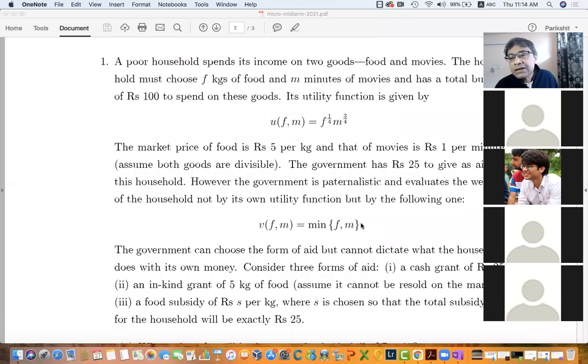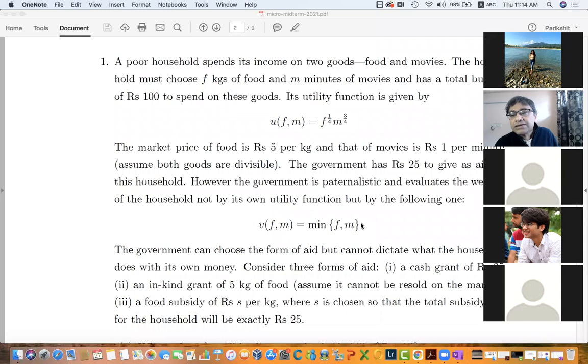The government wants to override or manipulate the household's choices because it has a very different view of what is good for the household. So that's our understanding. Now, we don't have to take sides, right? It's an analytical insight that we get.